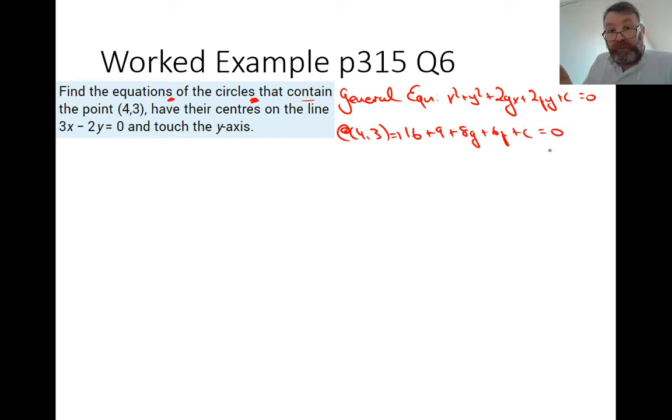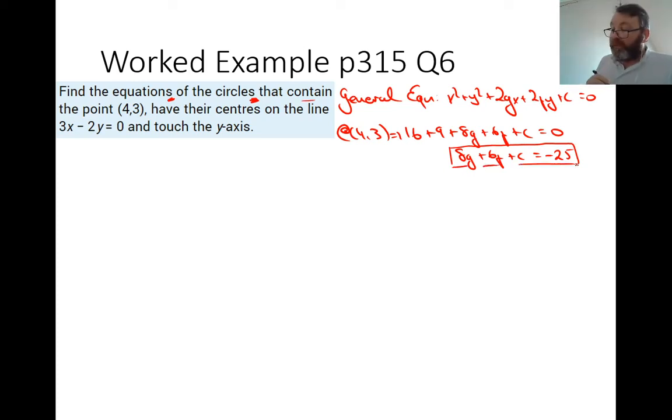And all of a sudden, I've got my first equation in f, in g, and in c. And this becomes 8g plus 6f plus c is equal to, now 16 and 9 is 25, but bring that constant over to the right hand side, minus 25. So there's equation 1. And I'm sure we'll come back to use that again in a few minutes.